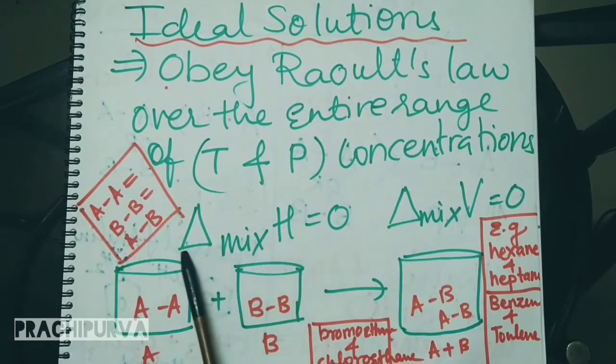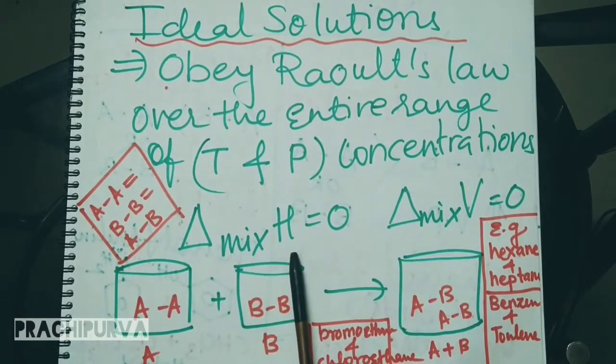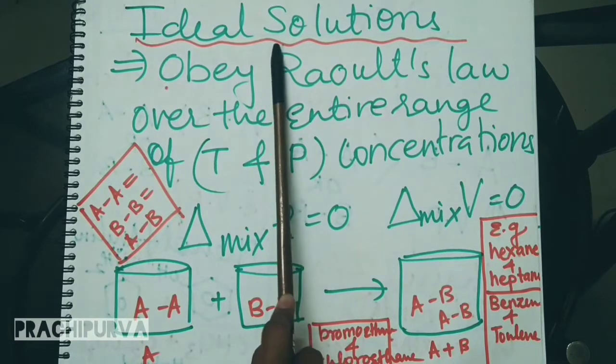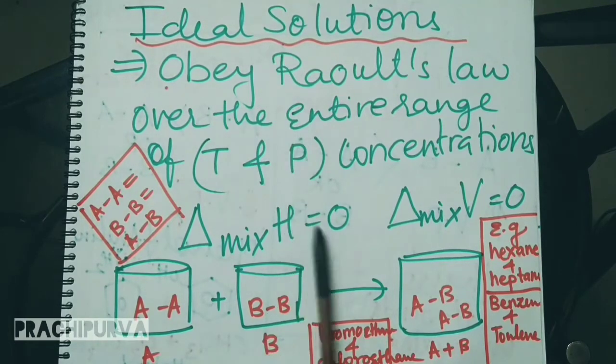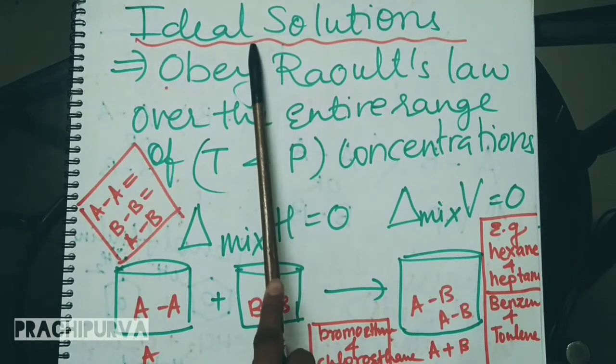So there should not be any change in the heat, the temperature, the energy. If that happens, then that solution is called an ideal solution. When the solution is being prepared, no energy should be evolved or gained. Such solutions are called ideal solutions.